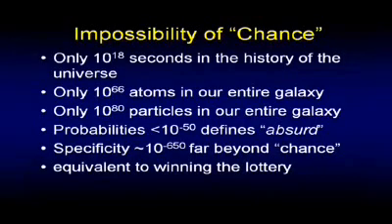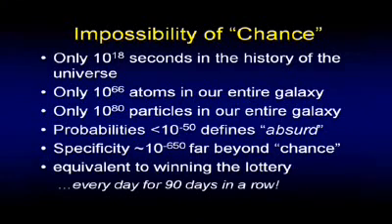And so, what's the chance of doing this by chance? That's equivalent to winning the lottery, not just once, but every day without missing for 90 days. That's, I think, another way of recognizing what's absurd.